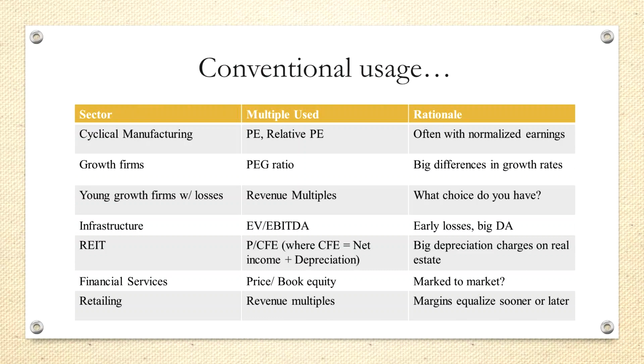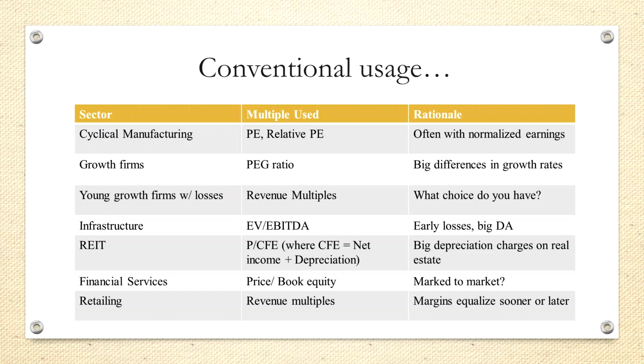For REITs, what are REITs? REITs are real estate investment trusts, and for REITs, we use the price to CFE ratio, and CFE is a very unique measure of cash flow for REITs, where CFE equals net income plus depreciation.